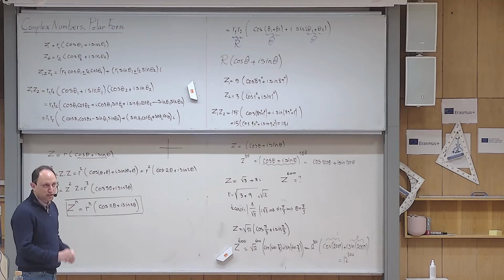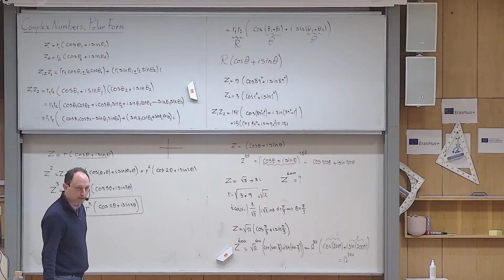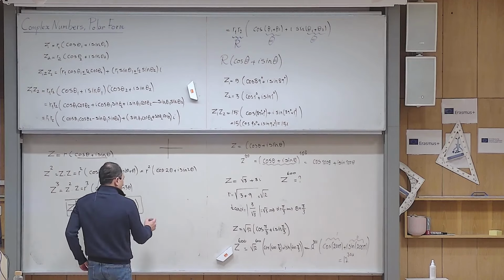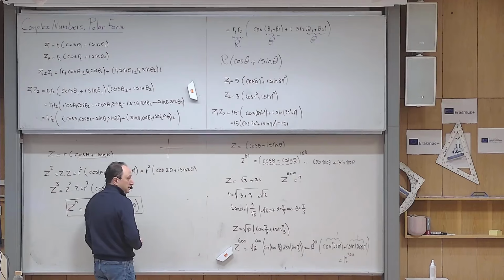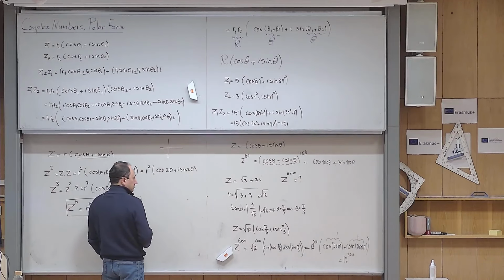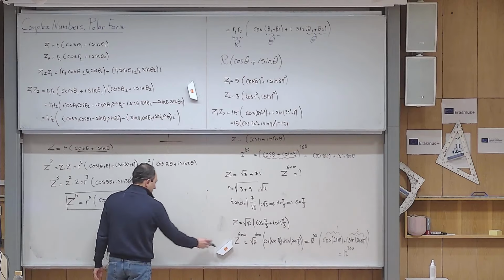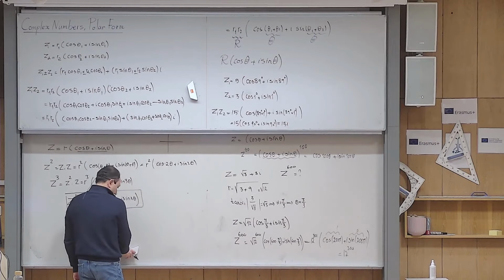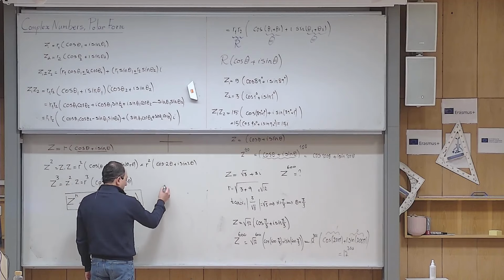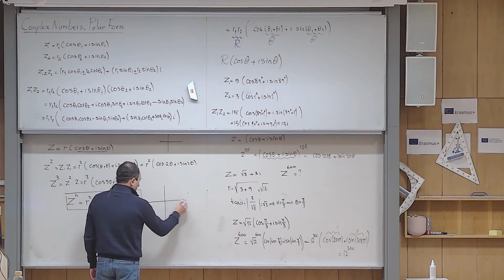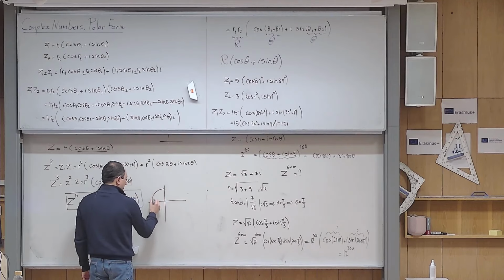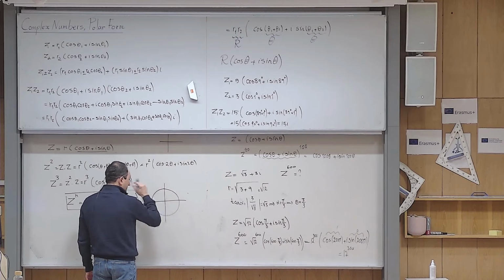Let me test your understanding geometrically now a little bit. That's also good. So, for example, let me tell you, I don't know, for example, I draw a circle with radius 1 over 2.